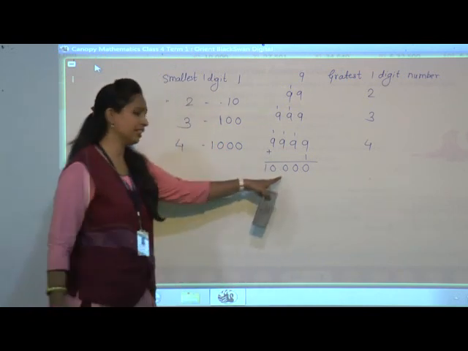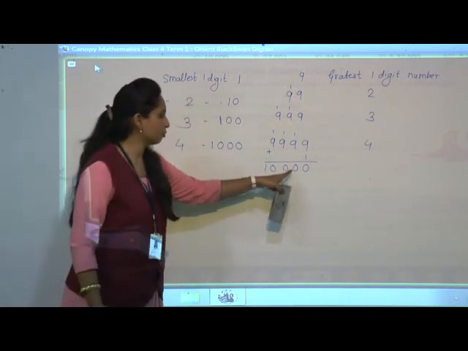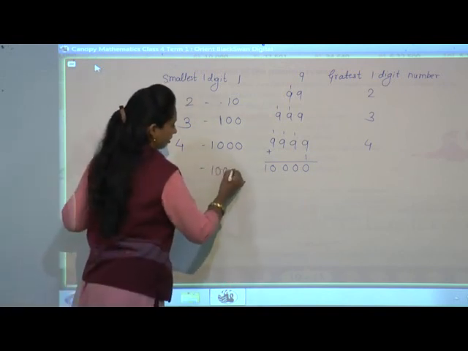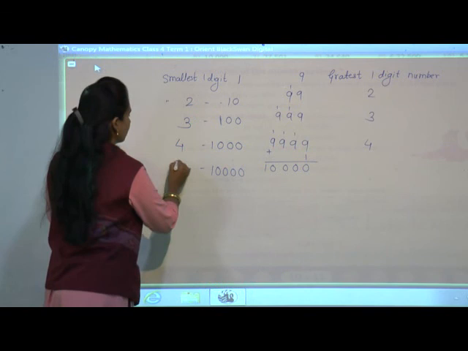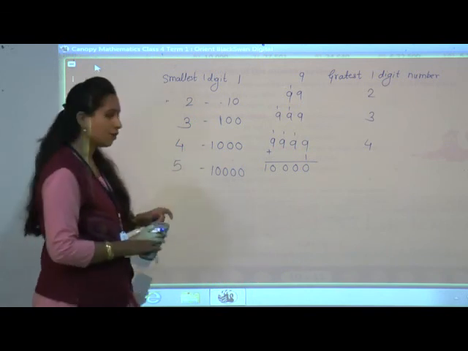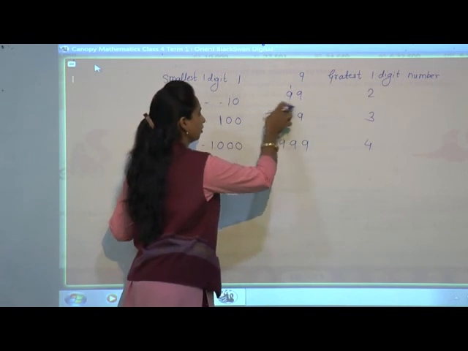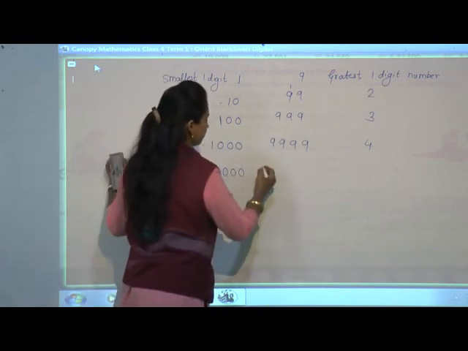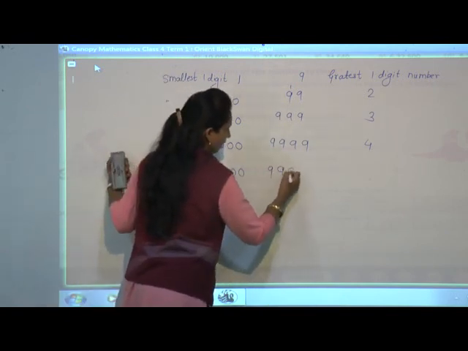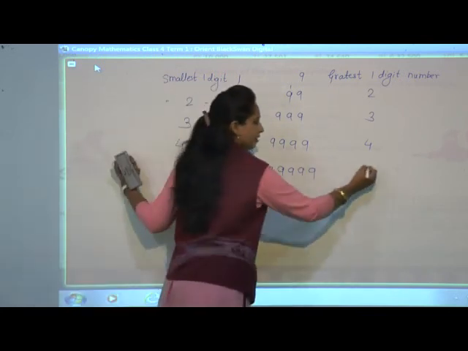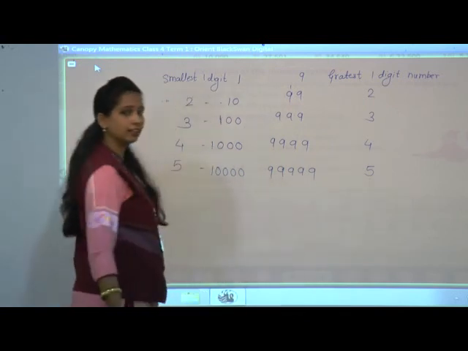Can you see how many digits? 1, 2, 3, 4, 5. We got 5 digits. So this is the smallest 5-digit number. And the greatest number is 9 written 5 times, 99999, the greatest 5-digit number.